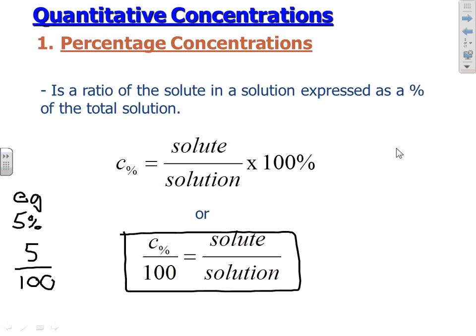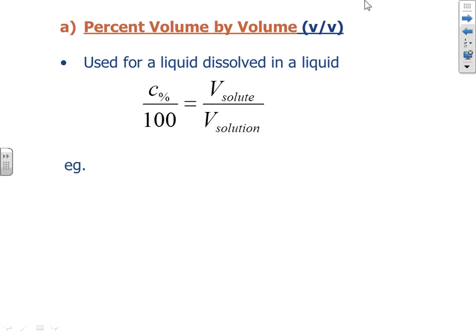Okay, now there are 3 different versions of the percentage calculation. There are 3 different ways in which we can deal with it. And the first one is called percentage volume by volume. So now what I'm doing is I'm adding to the equation I gave you last time.